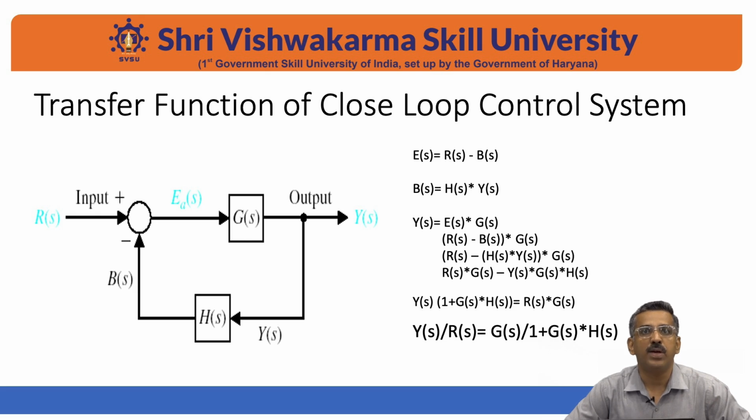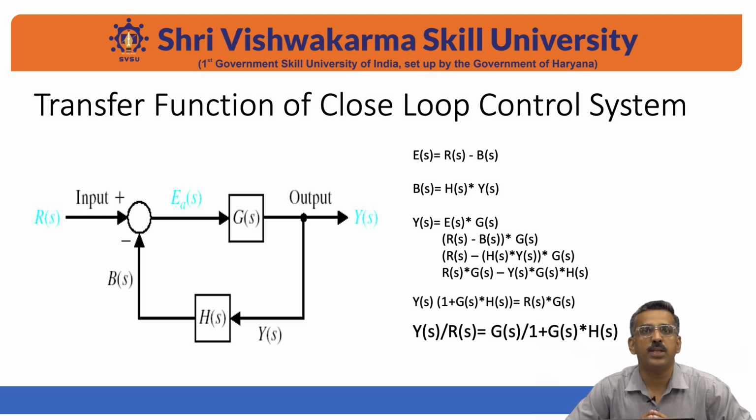Now, if there is positive sign on this error detector, in this case the overall transfer function will become G(s) divided by 1 minus G(s) into H(s). Now, we can compare the transfer function of this with the open loop control system.